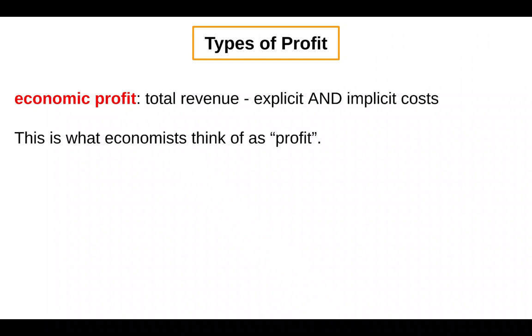And this is what economists think of as profit. And from now on, whenever I say the term profit, or you see the word profit in an AP question, it is referring to economic profit, unless the word accounting is specifically mentioned. So that's the idea of economic profit.